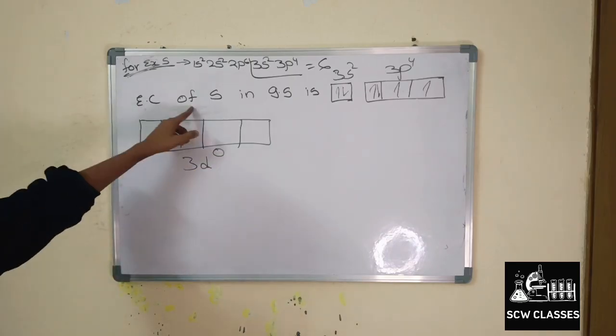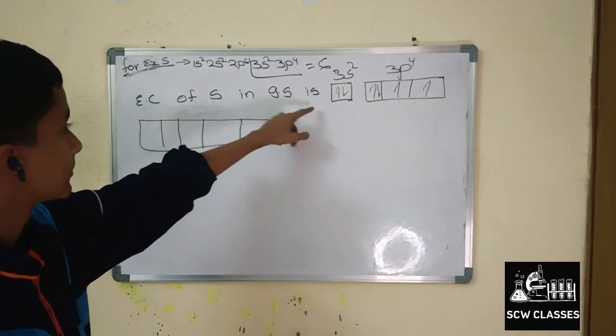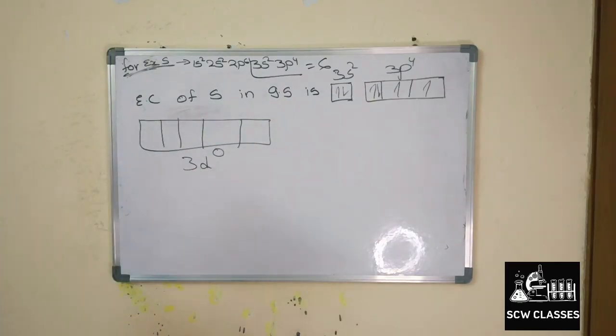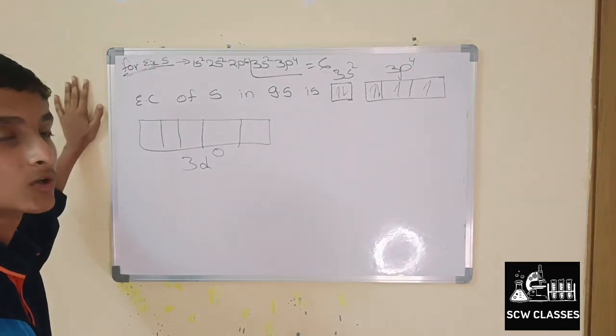The electronic configuration of sulfur in ground state is this one, and in ground state the valency of sulfur is 2.